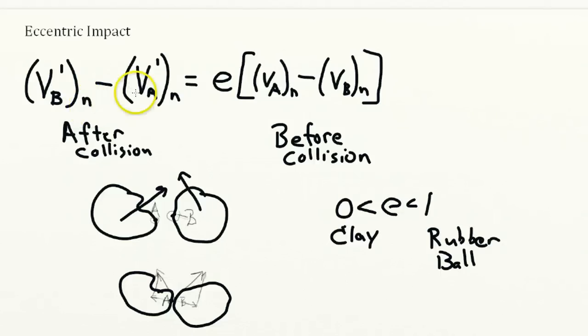We take the normal component minus the velocity of A after the collision. We take that normal component, subtract the two, and that should equal E, the coefficient of restitution, multiplied by this quantity, which has to do with the velocities before the collision. But again, we're just taking the normal components for the velocity of A and the velocity of B. And so this is eccentric impact.